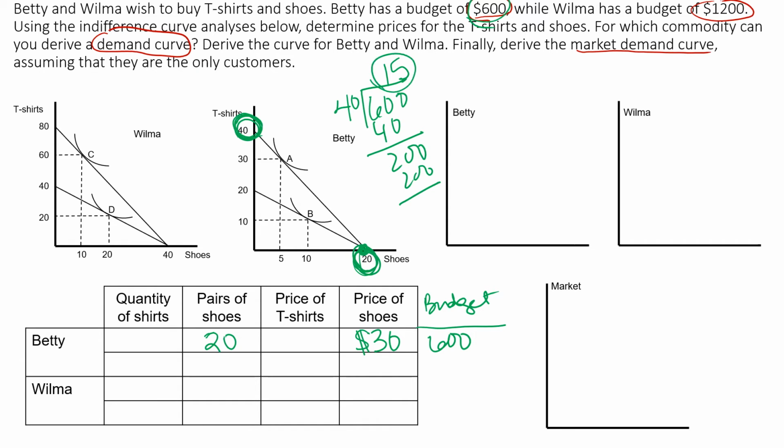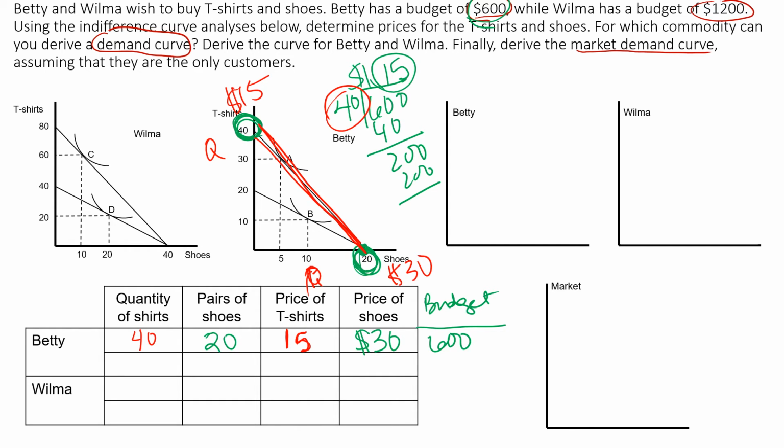Okay, so on this budget line, we've got 2 budget lines. On this budget line, the t-shirts are costing $15, the shoes are costing $30. So if the price of the t-shirts are $15, then she would buy 40 of them because we have quantity over here. So these are both quantity.